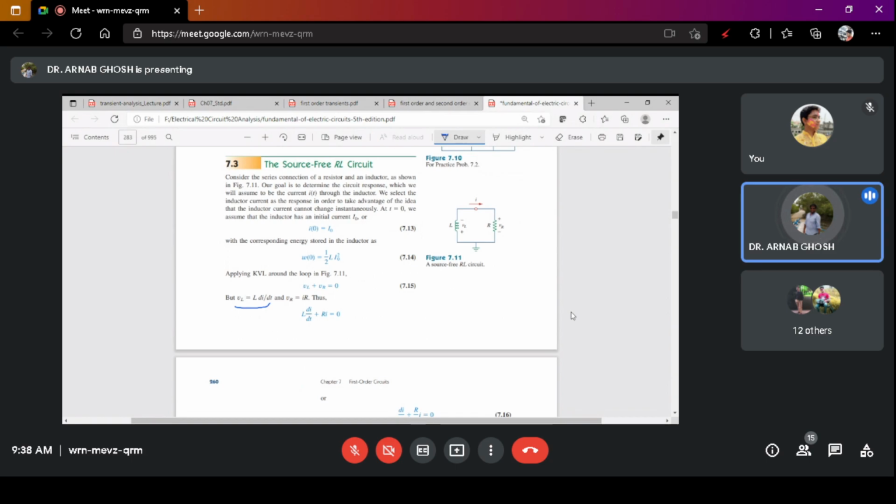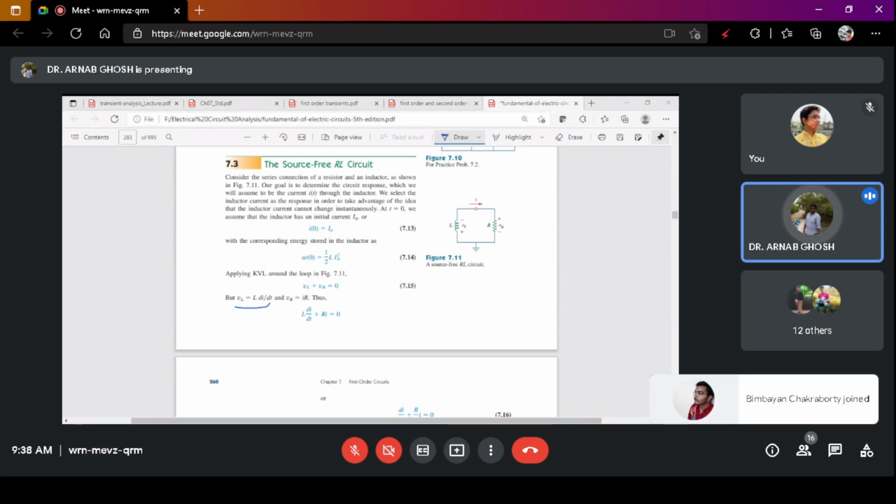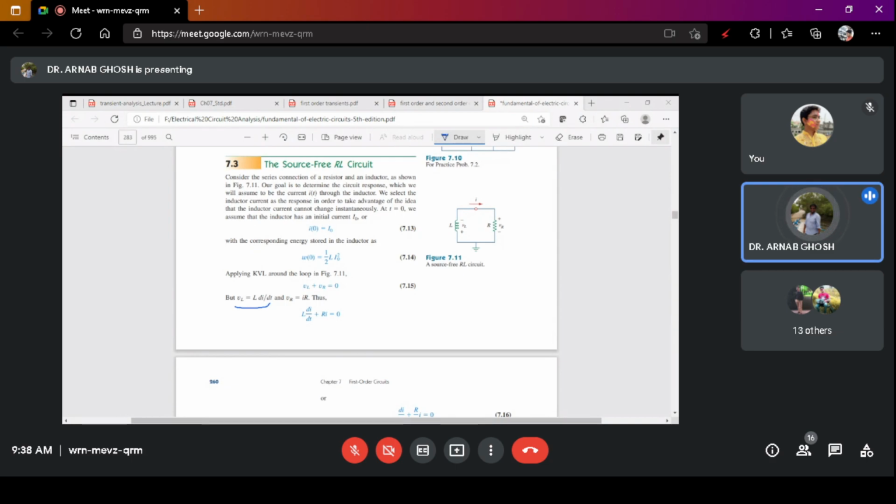So what is an inductor doing? An inductor stores energy in the presence of a magnetic field. This magnetic effect is entirely dependent upon the current, so that is why we say that the current in the inductor will change with respect to time.